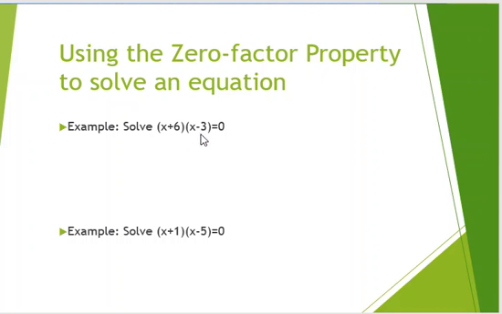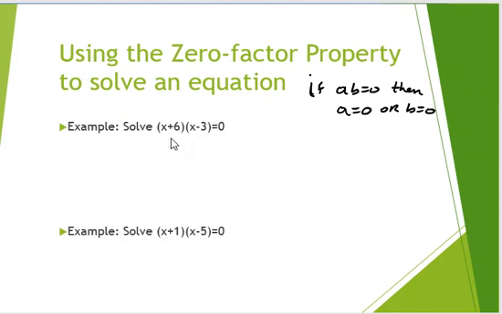So based on the definition where it says that if AB equals 0, then A equals 0 or B equals 0 or both.